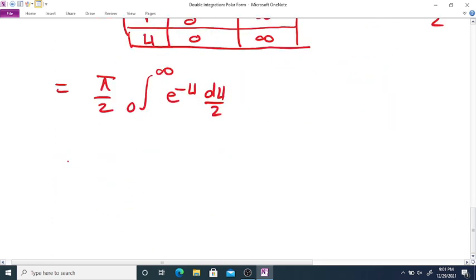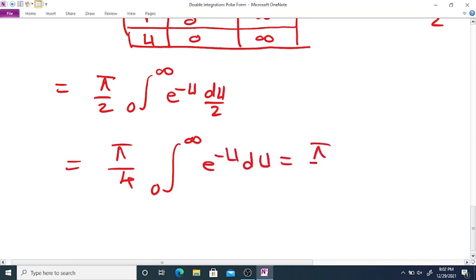If we simplify and take the 2 outside, it is pi by 4 times the integration from 0 to infinity of e raised to minus u du.